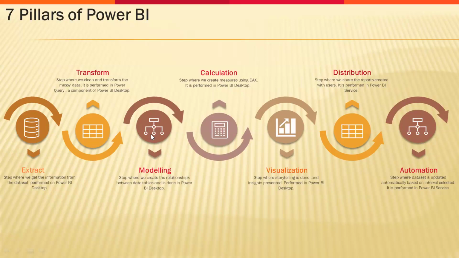For example, for orders and sales information, we have an order table, product table, sales table, a geography table. There are multiple tables coming from different sources, so we have to get them and give a relationship between the tables. Relationship is very important. We'll discuss the modeling tab for 3 days, because that is very important.